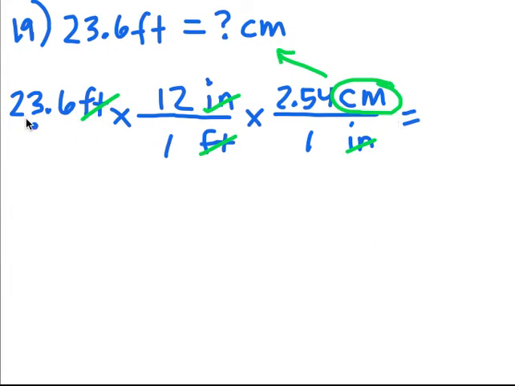And then to do your math, you would do 23.6 times 12 times 2.54. And let me get my calculator. Okay. And the answer that I get is 719 centimeters. So in 23.6 feet, there are 719 centimeters.